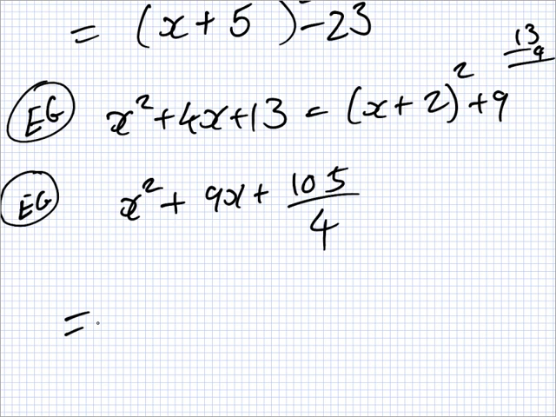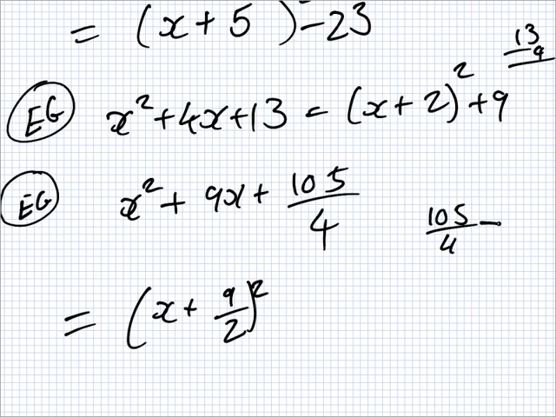So it'll be x plus 9 over 2 squared, and then it's 105 over 4 minus what? What am I minusing? 81 over 4, because it's the square of this, which would be 24 over 4, which is 6. Yeah, plus 6 is what you have here.